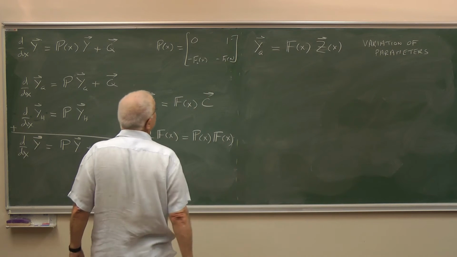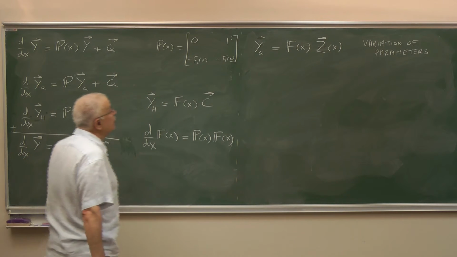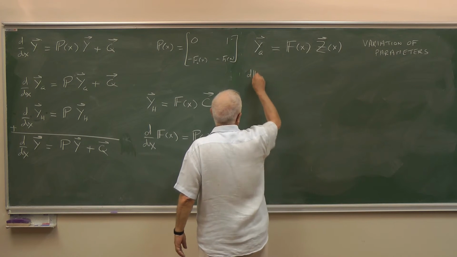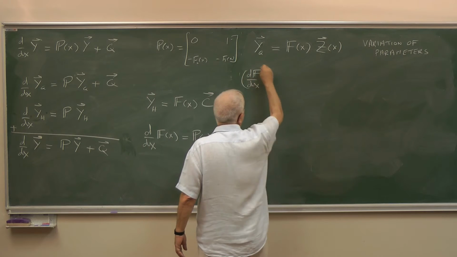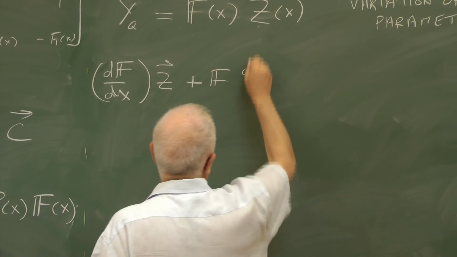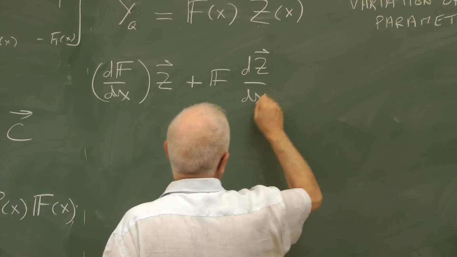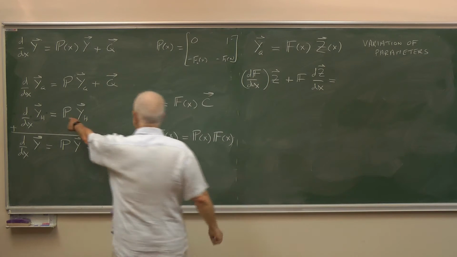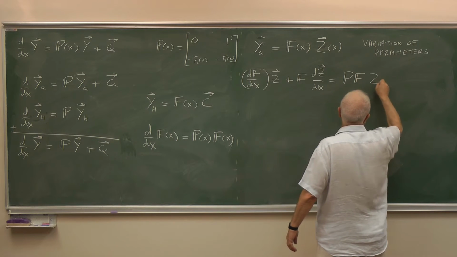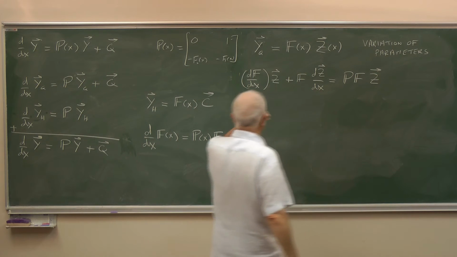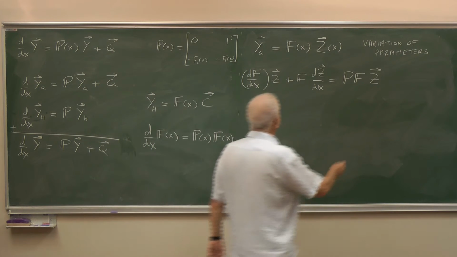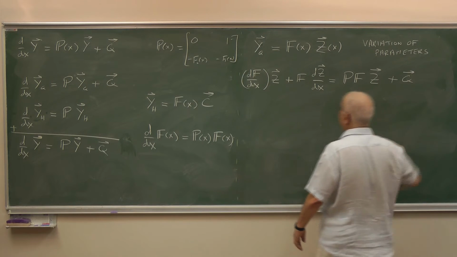Well, we substitute this particular solution into the original differential equation. So the first thing is to take a derivative. I'll have the derivative of F times z plus F times the derivative of z. And this should equal P times F z, plus q, the inhomogeneous term.